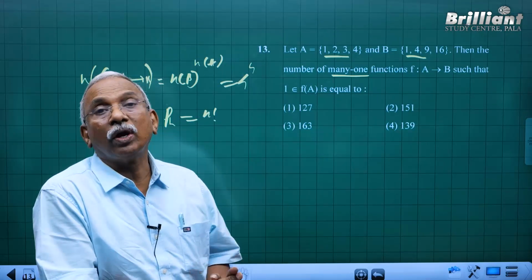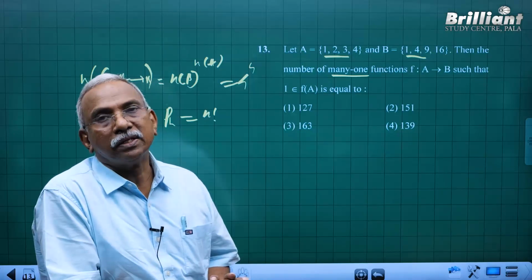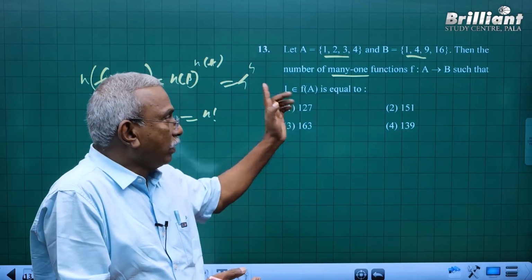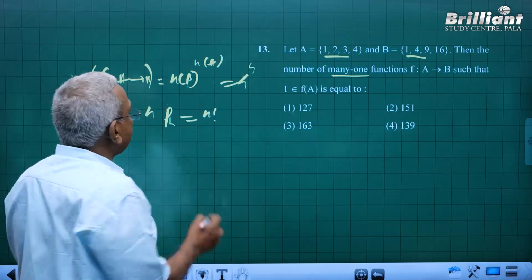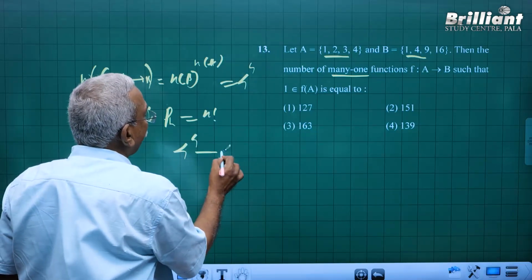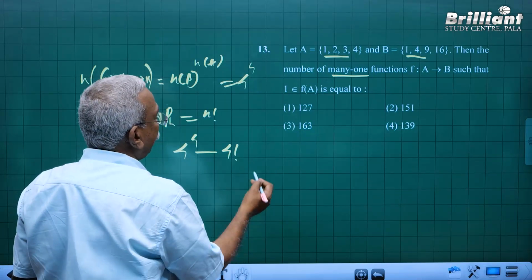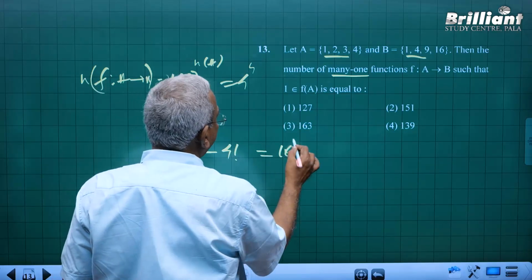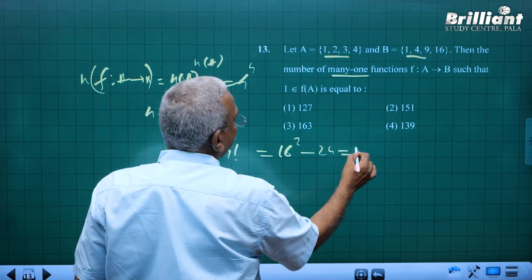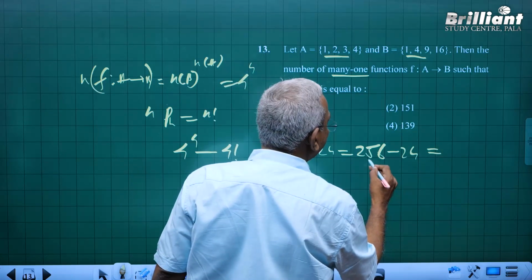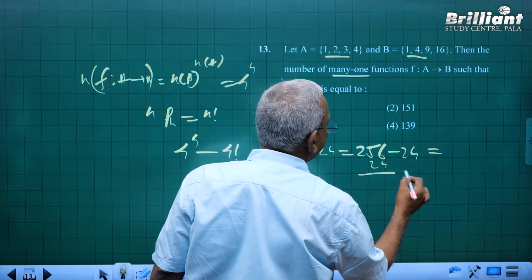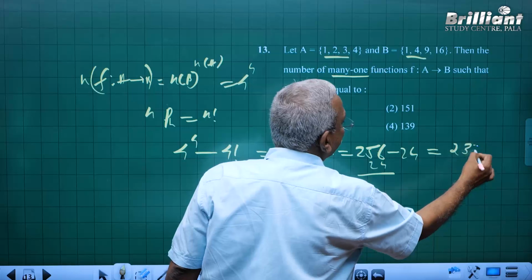But that includes 1 also inside it, because of this condition 1 is there. So when you subtract this, that is actually 4 to the 4 minus 4 factorial. 4 to the 4 means it is equal to 256 minus 24, that is equal to 232.